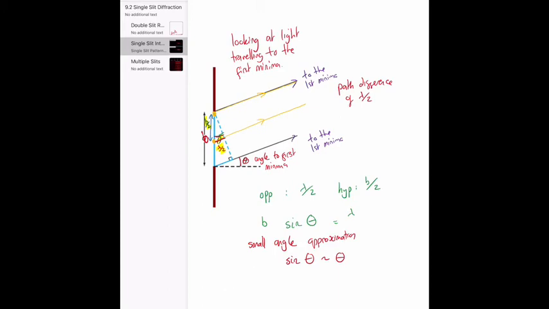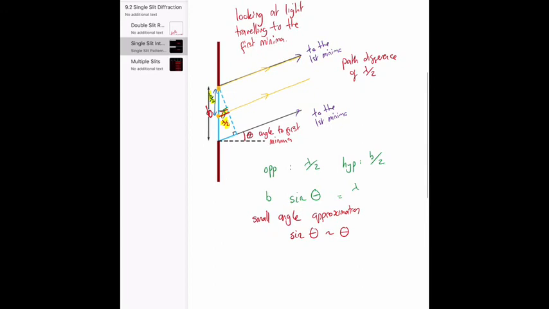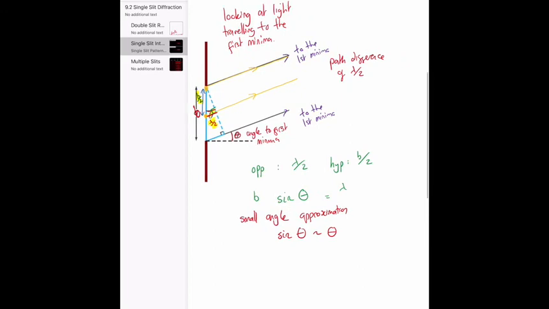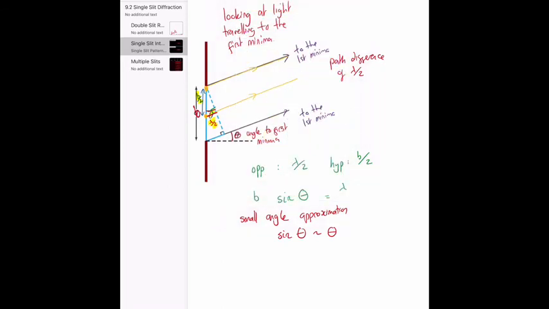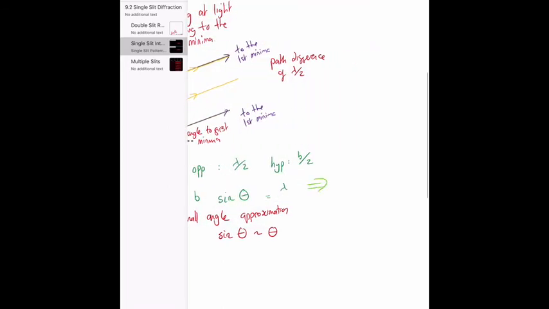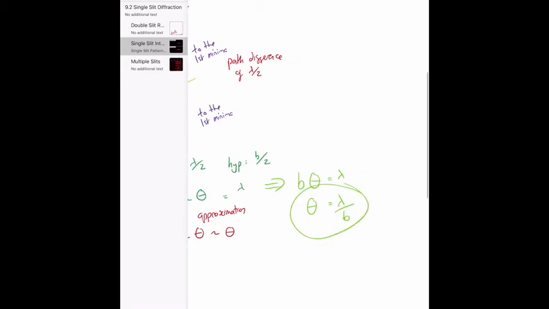So that's just one of these identities that you have in maths. So you can see already, I'm sure, that this turns the equation into b theta equals lambda. So theta equals lambda divided by b. So that is our derivation of our single slit equation there.